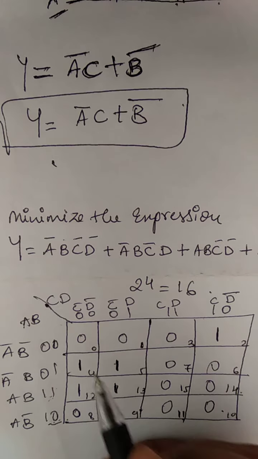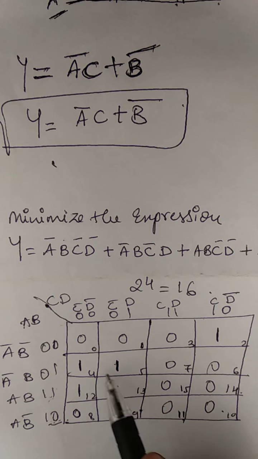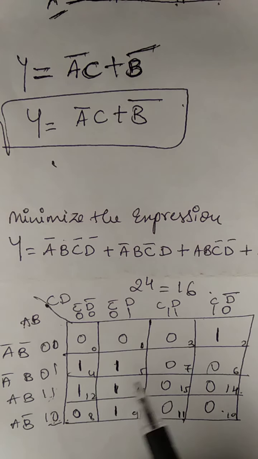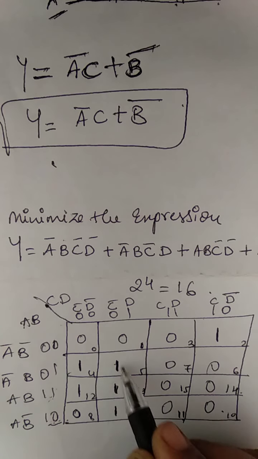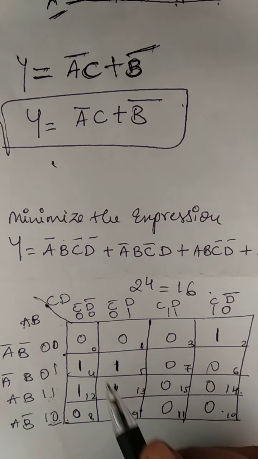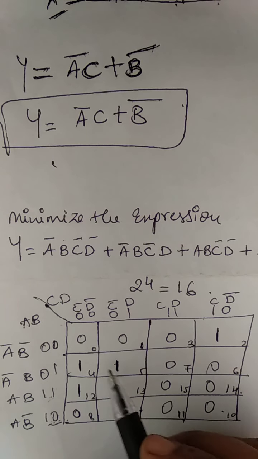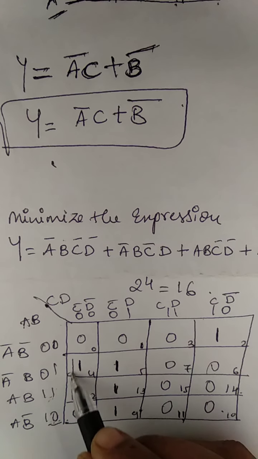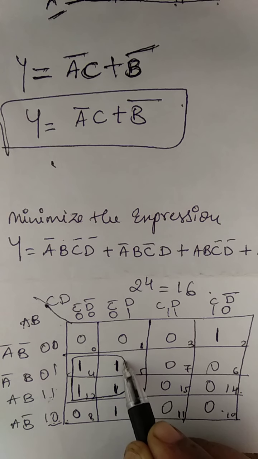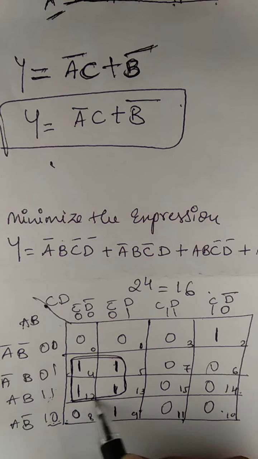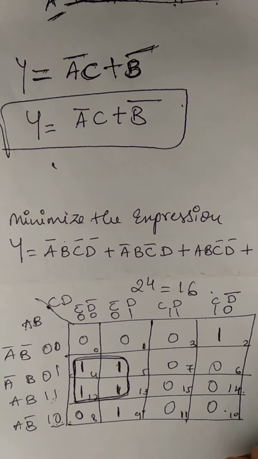Next is, first you see whether any double or quarter or octet group is there. So it will be like this also. As we have to reduce the expressions, don't take more groups. Just we have to reduce the expression, so concentrate on it. Then form the groups. So this is one group, quarter, correct.